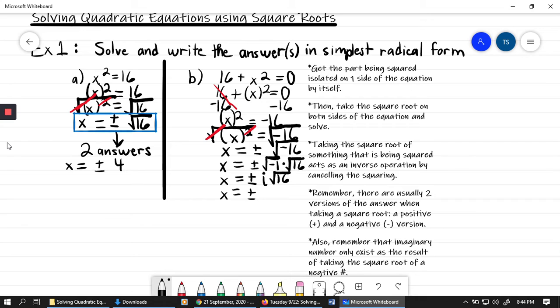But this one is plus or minus 4i. Remember that plus or minus symbol means there are going to be two versions of our answer when we're taking the square root like this, a positive and a negative. So for part A, the two answers are positive 4 and negative 4.